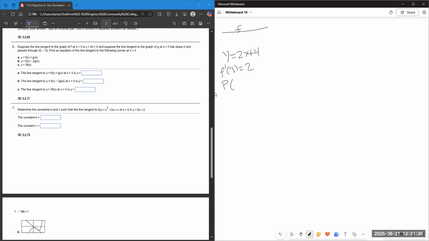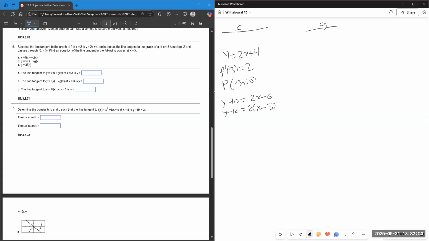Let's see, y minus 10 is 2 times x minus 3. So my point here is (3, 10).